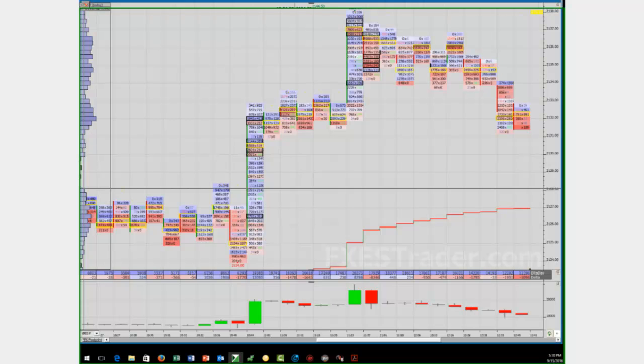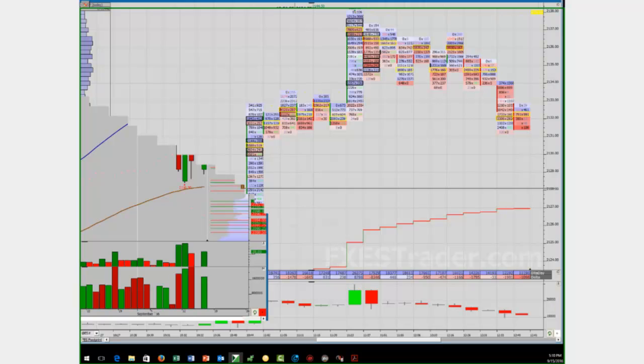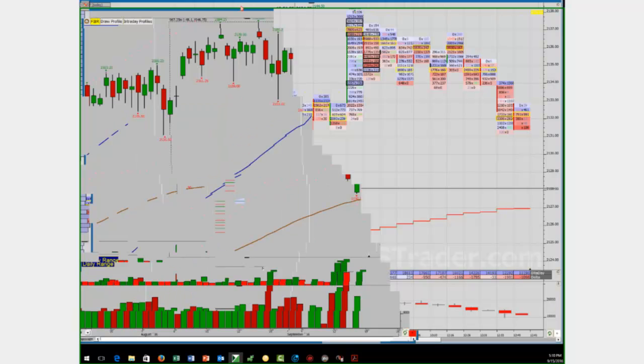And a couple of missing notches from the previous day, Tuesday, as well. So you knew that was a little bit of a congestion area, and I'm not even looking at the longer term profile.